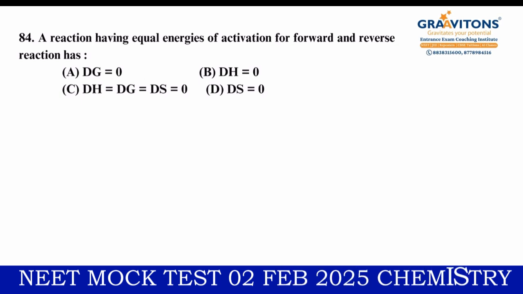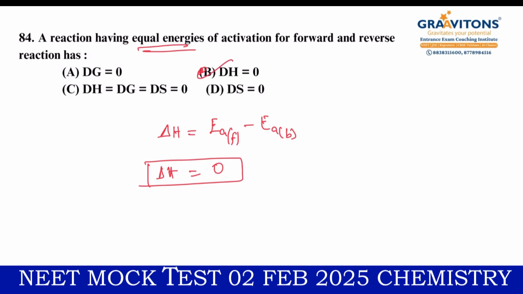84th question, a reaction having equal energies of activation of forward and reverse reaction has. From chemical kinetics, we know that delta H is equal to the energy of activation of forward minus the energy of activation of backward. Here both are equal. Then I can take 0. So delta H will be 0.